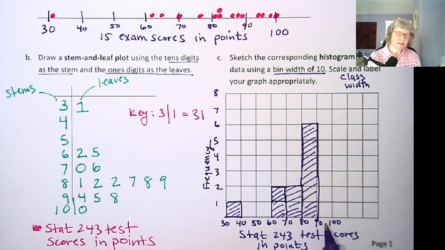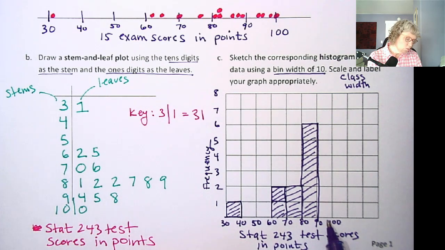So as long as you're consistent, there's different rules for this, and different technology might use different rules. But if we're doing whole numbers, it's really 30 to 39 and then 40 to 49. If you have decimals, then this gets a little trickier. Then you would just do anything up to 90, but then 90 bumps over into the next bar over. Okay, so that goes to the right.